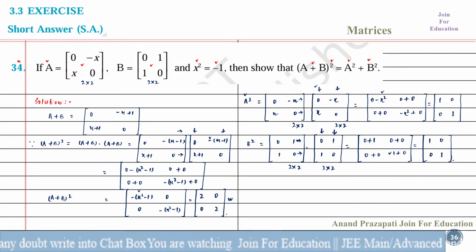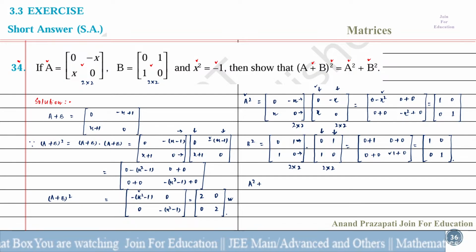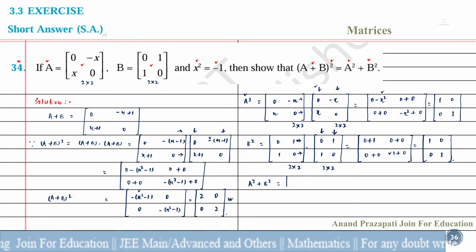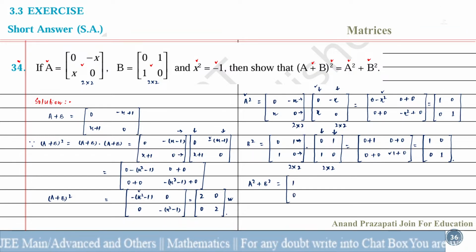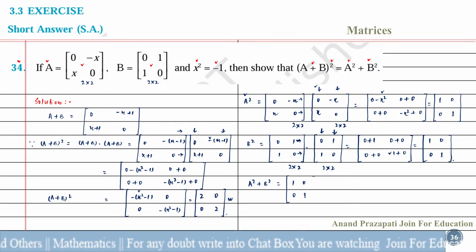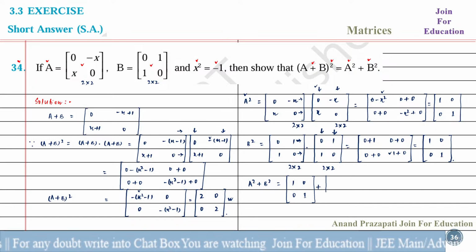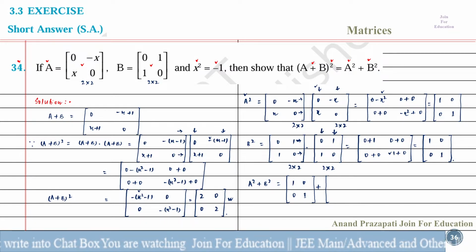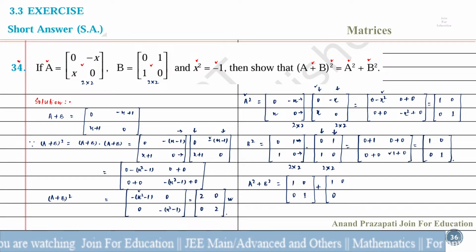So a square plus b square equal to, here will be, now putting the value of a square, which is [1, 0; 0, 1], plus we write down here the value of b square is also [1, 0; 0, 1].